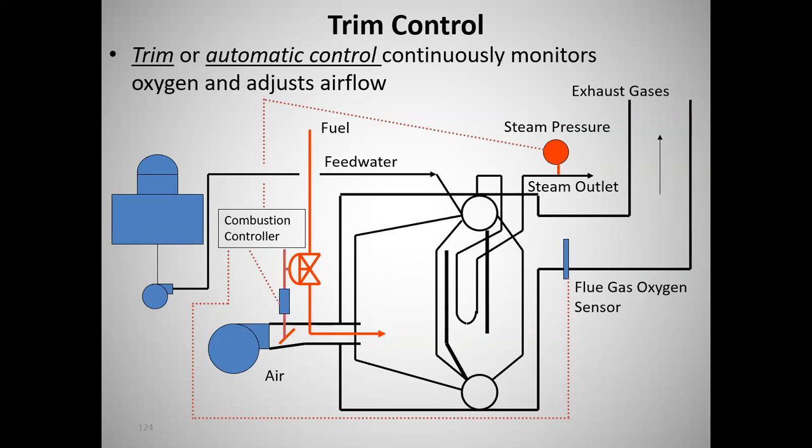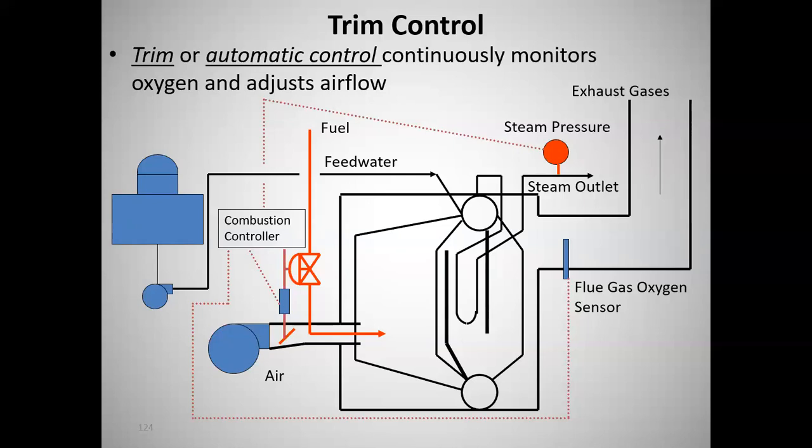And so you might have 5% oxygen coming out of the combustion zone, but you might measure 7 or 8% at a downstream oxygen sensor, which would not be indicative of your combustion situation. That's indicative of your combustion situation plus air in leakage into the flue gas.